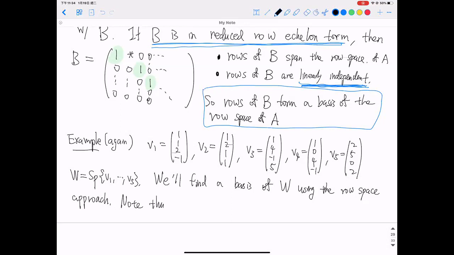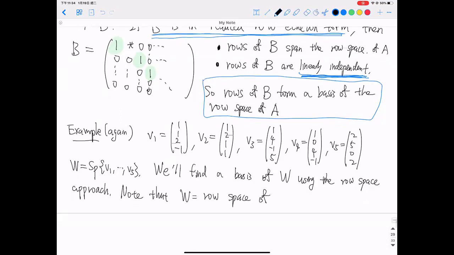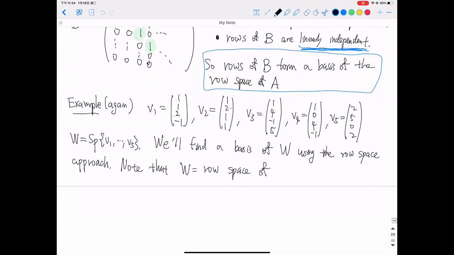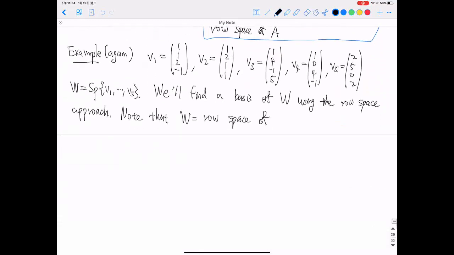So note that W is the row space of the following matrix. I'll just put these vectors into rows: 1, 1, 2, minus 1; 1, 2, 1, 1; 1, 4, minus 1, 5; 1, 0, 4, minus 1; 2, 5, 0, 2.